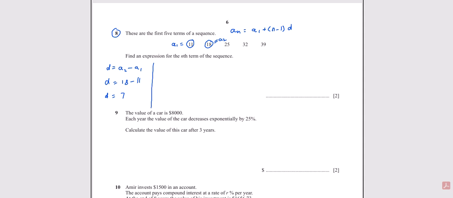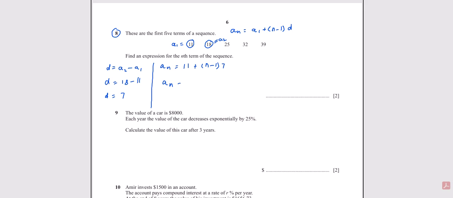So put these values in this formula: an is equal to a1 is 11 plus n minus 1 into d is 7.